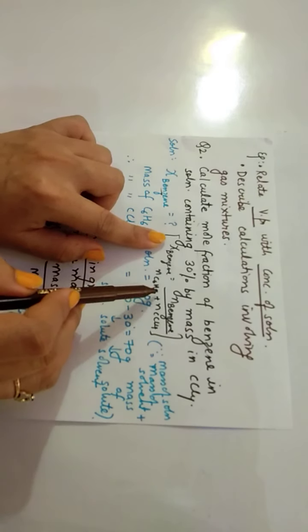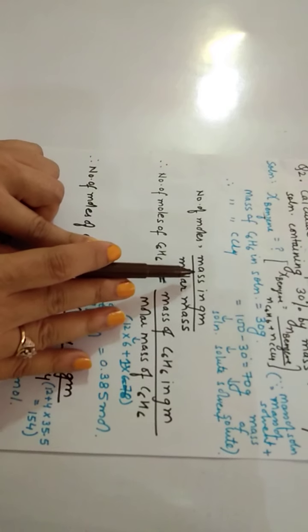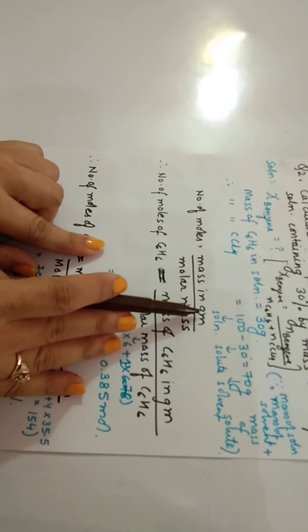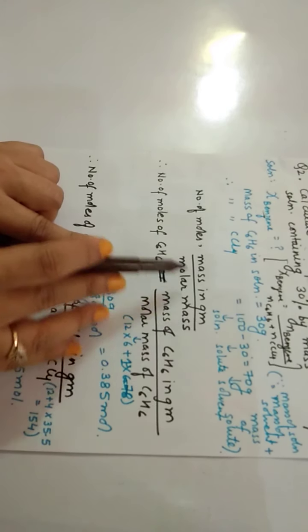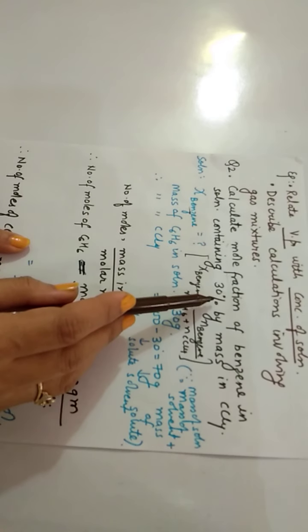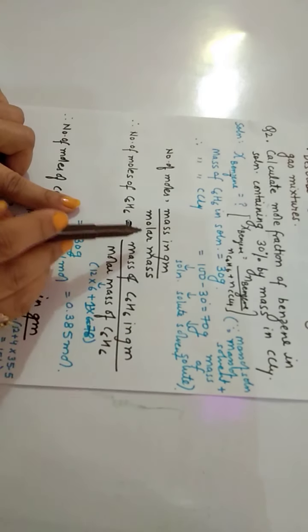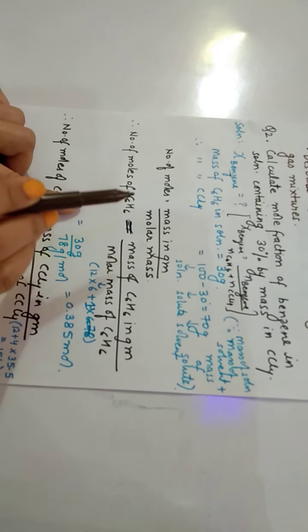On writing the formula, you'll get to know that you need to find out the number of moles. So your second step is to write the formula for number of moles. Number of moles has the formula mass in gram divided by molar mass. Mass in gram is already given in the question, 30 gram benzene, and for CCl4 it is 70 gram. Now you can find out the molar mass.